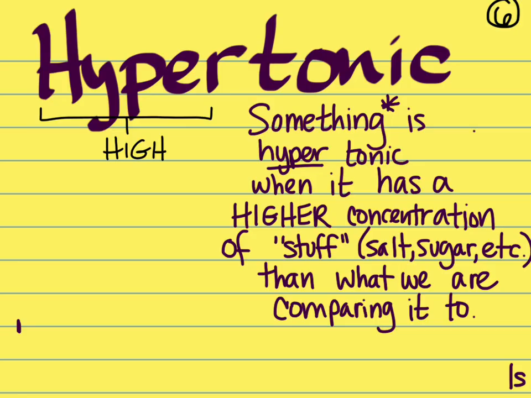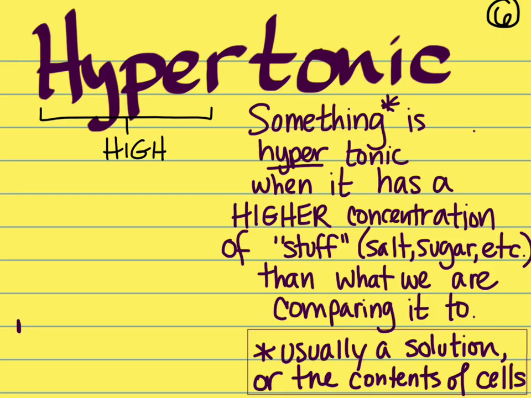If something, and when we say something, we're usually talking about a solution or the contents of a cell, is hypertonic, it's got a higher concentration of stuff, particles, sugar, salt, ions, whatever, than what we're comparing it to. Remember that hypertonic means higher concentration of the dissolved bits.